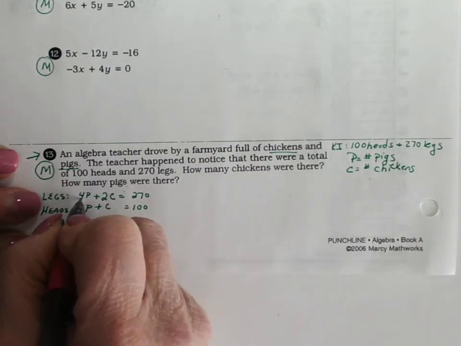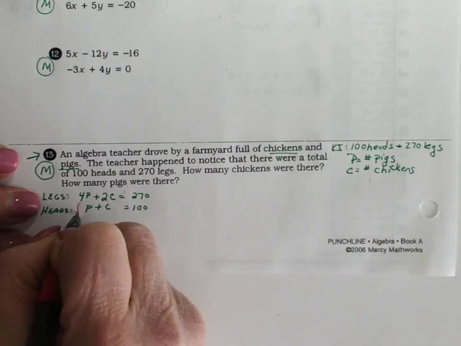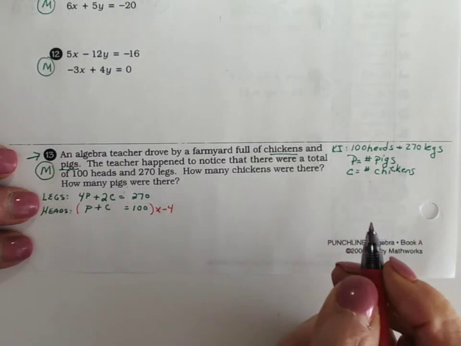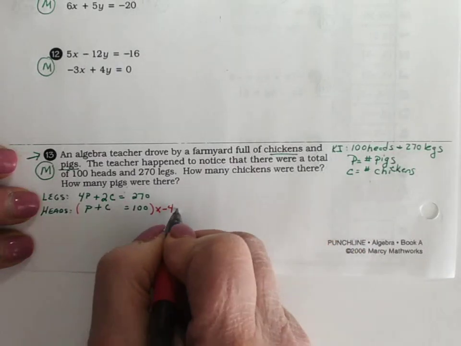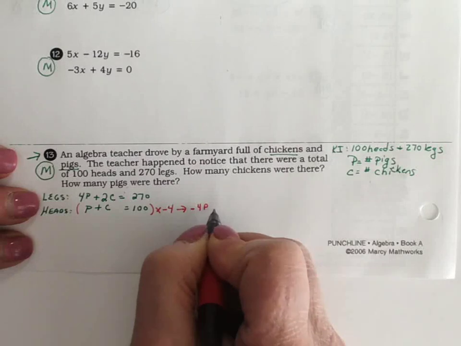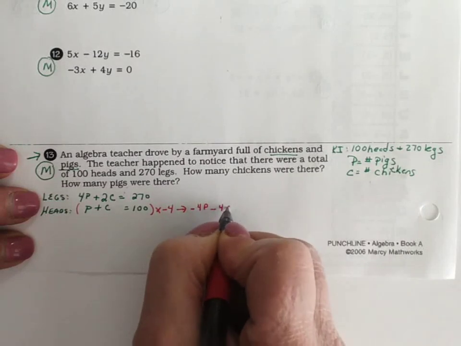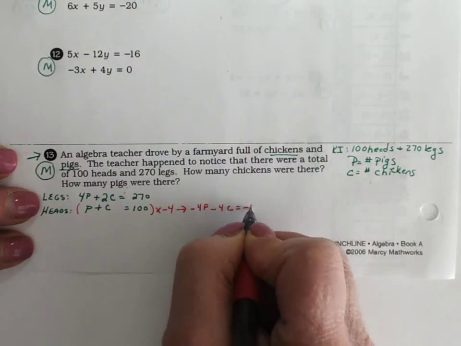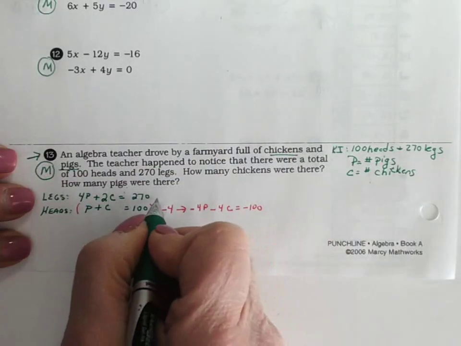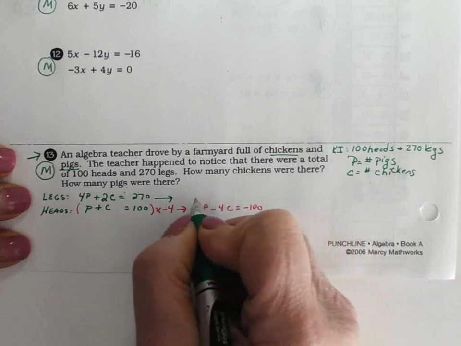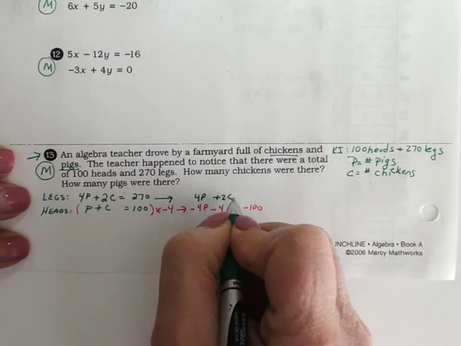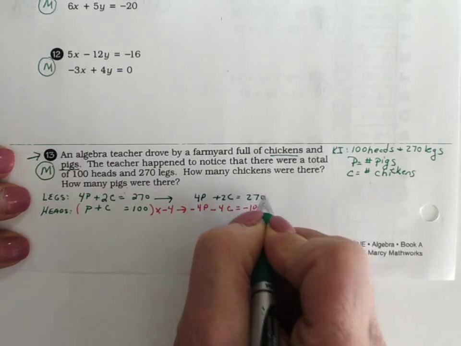So if I look at this, this is 4 and this is 1. If I multiply this by -4, I'm going to get -4p minus 4c equals -100. And over here, I'm just going to bring this over. 4p plus 2c equals 270.